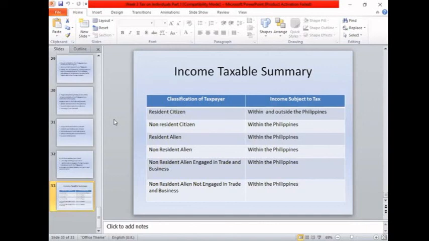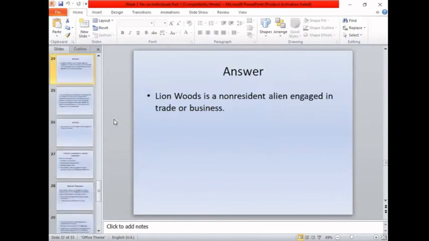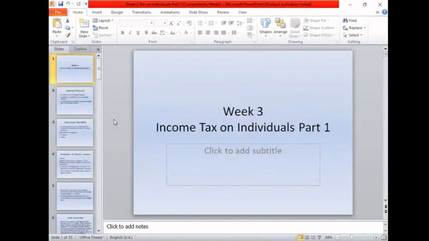While the rest, non-resident citizen, resident alien, non-resident alien, regardless of whether they are engaged in trade or business or not, only income in the Philippines is subject to Philippine tax. So that will be our discussion for today with regards to the first part of the tax on individuals.